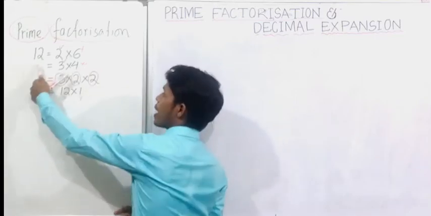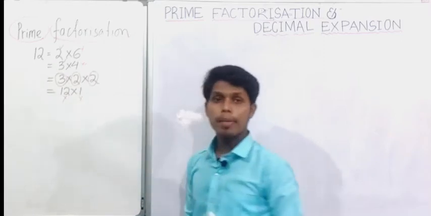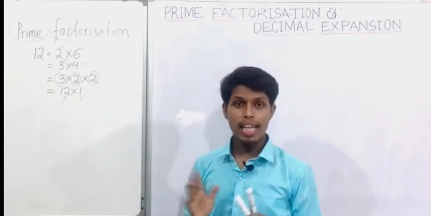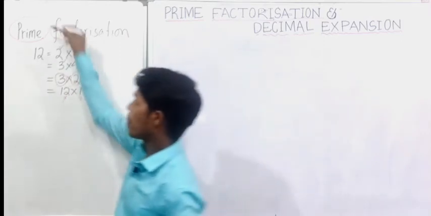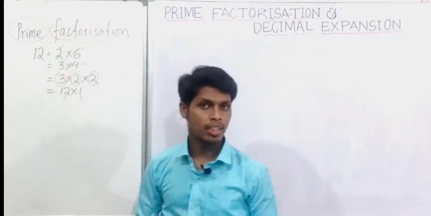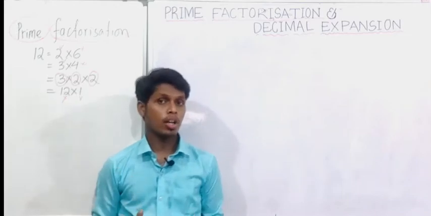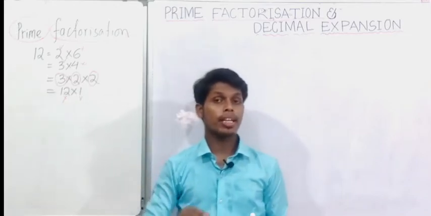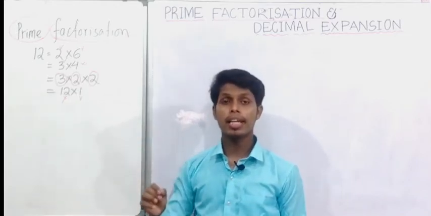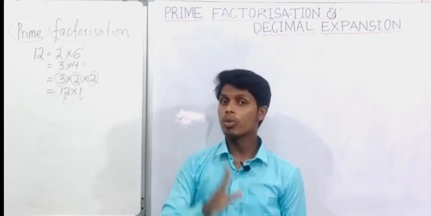So a number can be written by multiplying its prime factors, and that factorization is called prime factorization. In the fundamental theorem of arithmetic we had learned that a composite number can be written by multiplying its prime factors in a unique way.